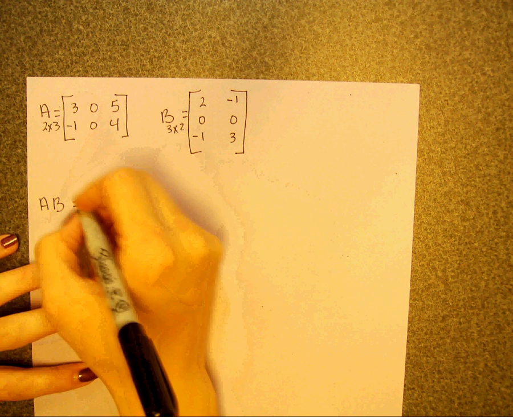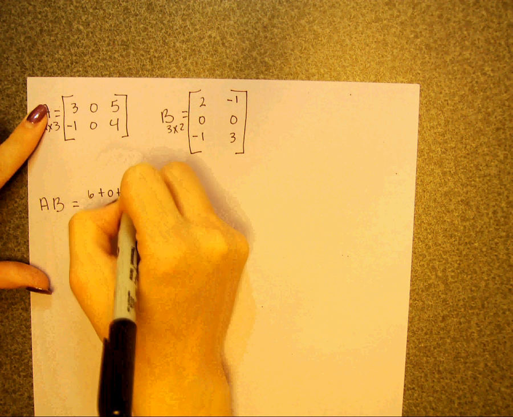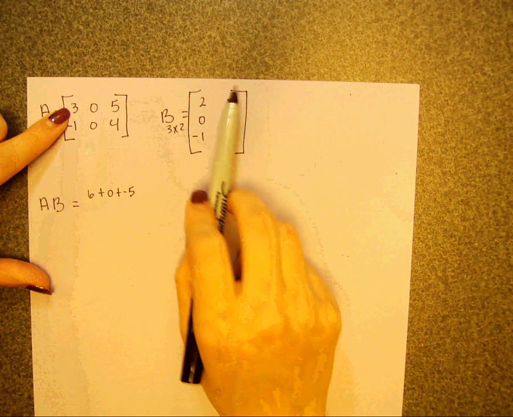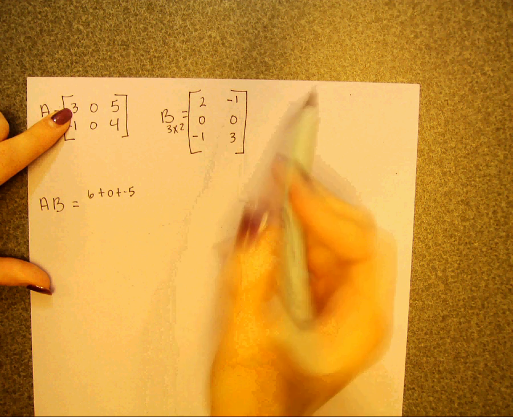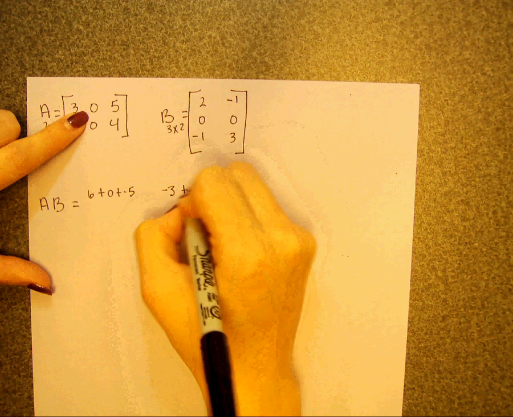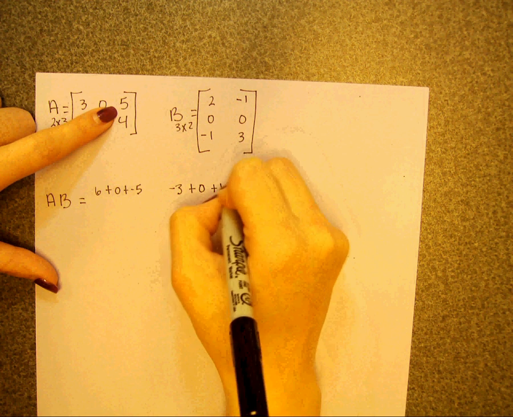So I'm going to have 6 plus 0 plus -5. And now I'm going to do that first row times the second column to get my next number. So 3 times -1 is -3, 0 times 0 is 0, and 5 times 3 is 15.